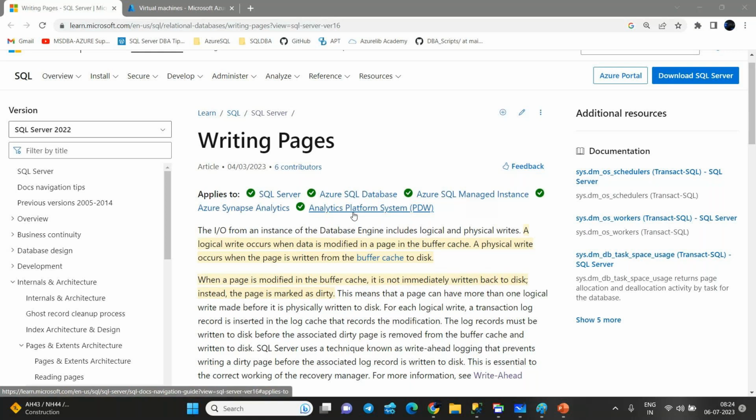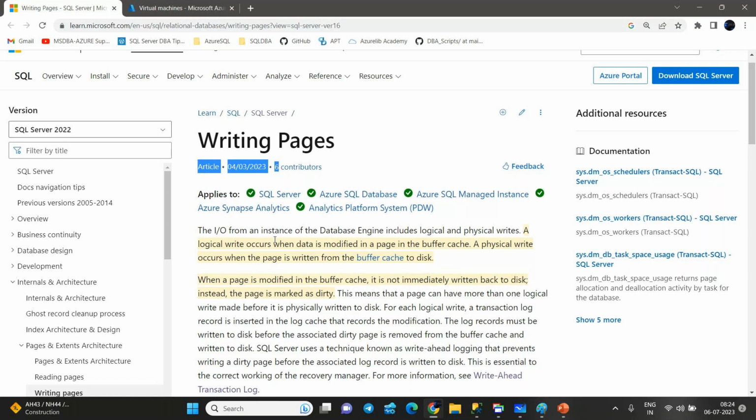Whenever you open any MSDN blog, first you need to see when the article was modified. Make sure the article was modified within a span of 6 months. Some articles were modified years ago, but mostly refer to the articles which were modified recently.